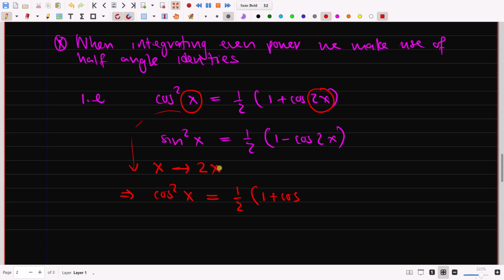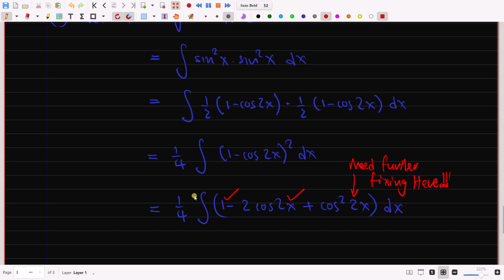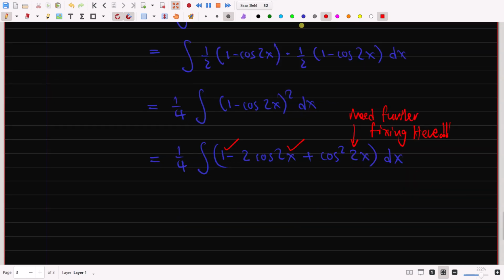So we have seen that if I want to deal with this term, I have to replace it with that one. So we go and replace it there. And what do we get? If we apply what we have just seen, we have a quarter of the integral of 1 minus 2 cos 2x, then plus half bracket 1 plus cos 4x, then dx. Then I simplify.